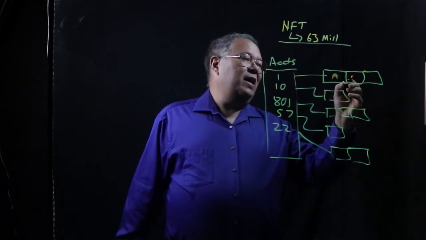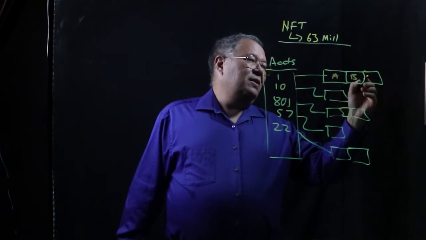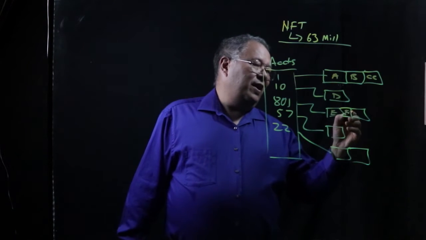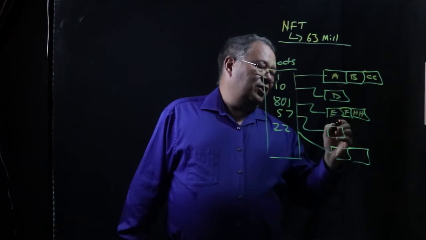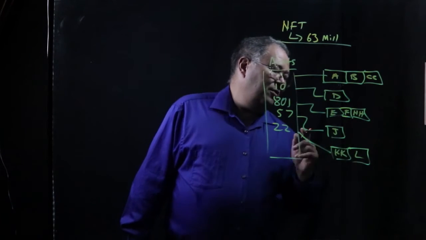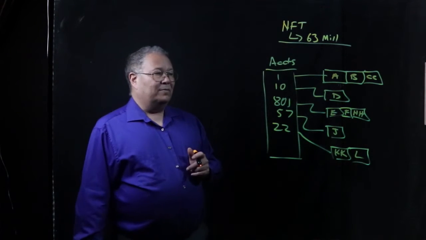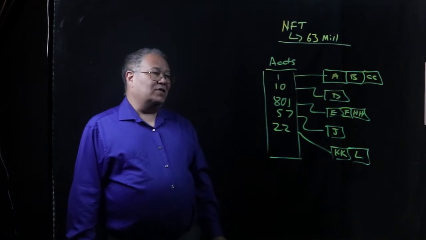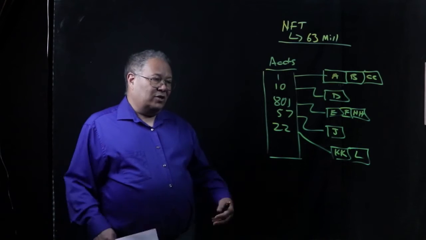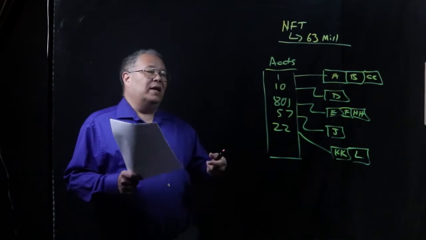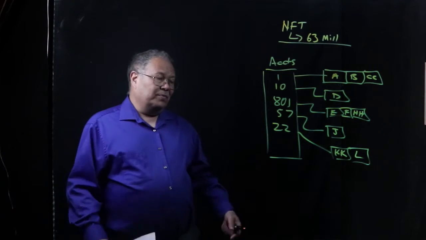So this is A and B and C and D and E and F and H and J and K and L. So each person in my list has a list of these things, and we can actually identify what the token is. It's non-fungible. It's actually a value.